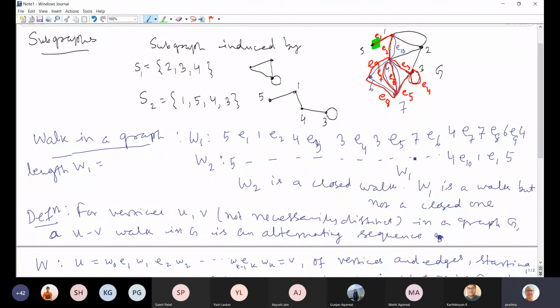Okay, how many edges are appearing, 9 or 10?